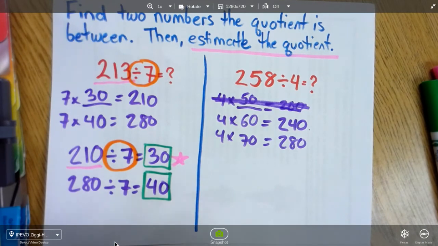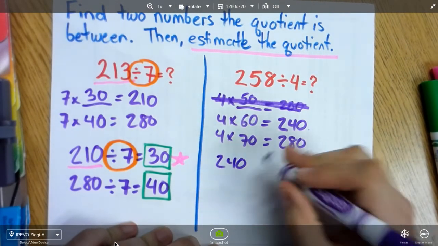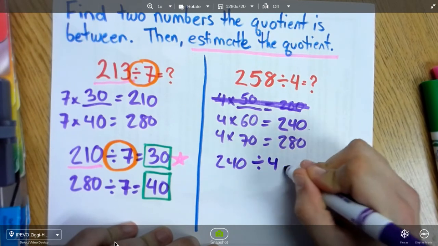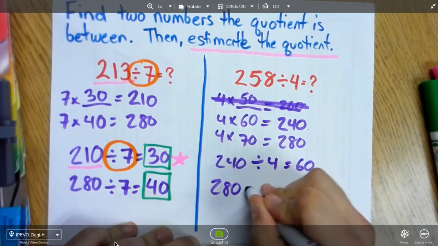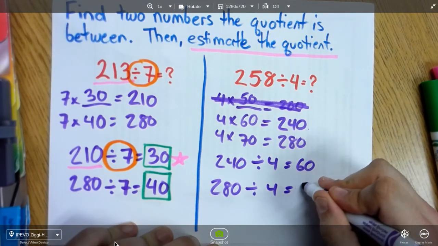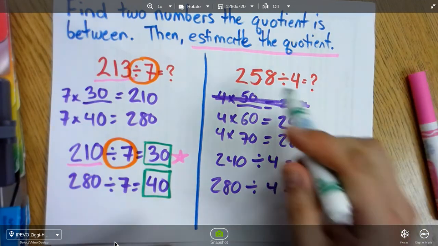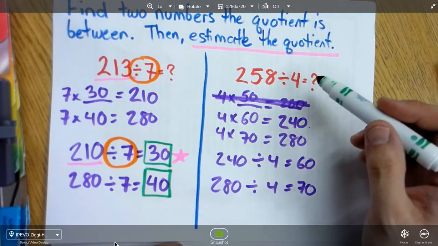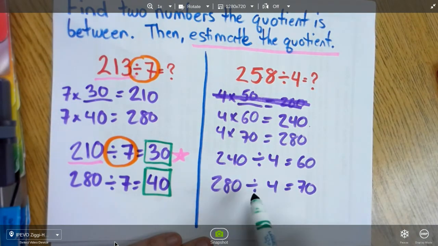So what I need to do is figure out, okay, let's turn this around. 240 divided by 4 equals 60, and 280 divided by 4 equals 70. So again, how do I go about figuring this out? Well, I know that my dividend, 258, falls between 240 and 280.